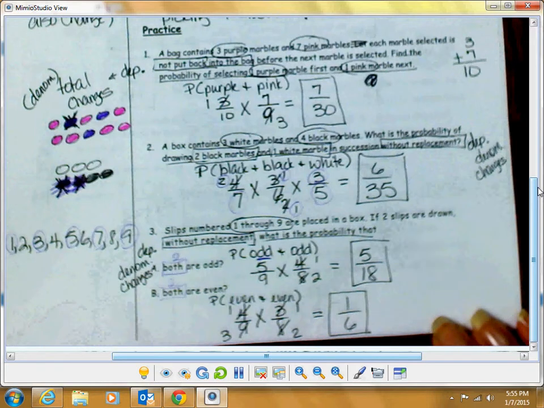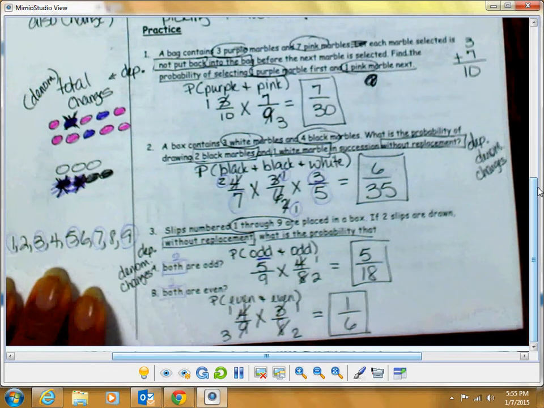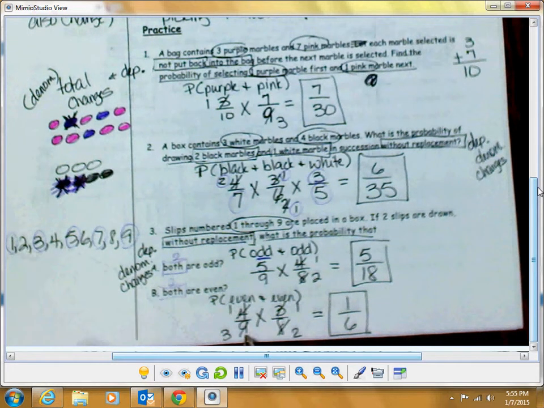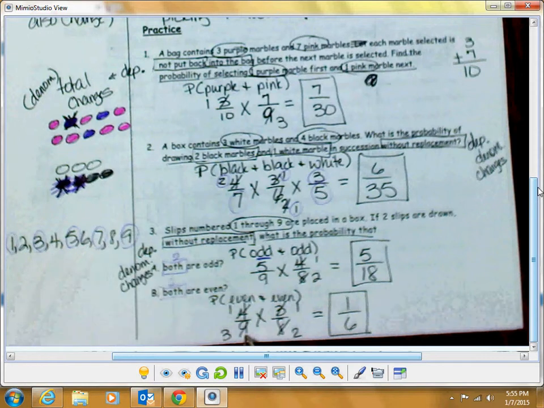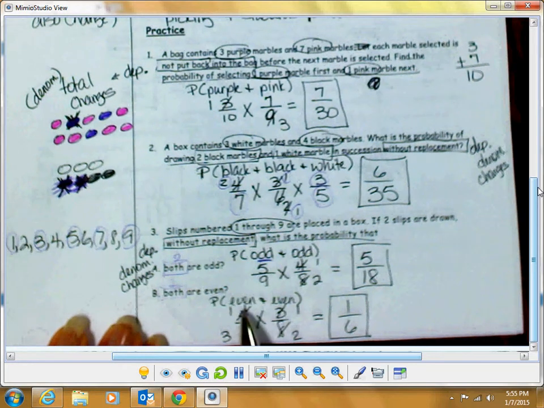Now let's go back to our sample space. Since I first circled odd, that means everything that's not circled is even, right? So the probability of getting an even number would be 1, 2, 3, 4 that aren't circled out of the total 9. That's why I first have 4 ninths.